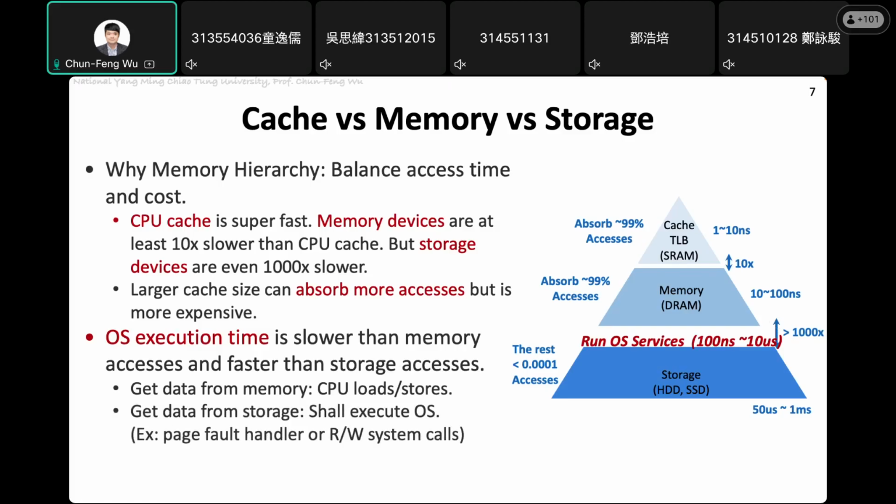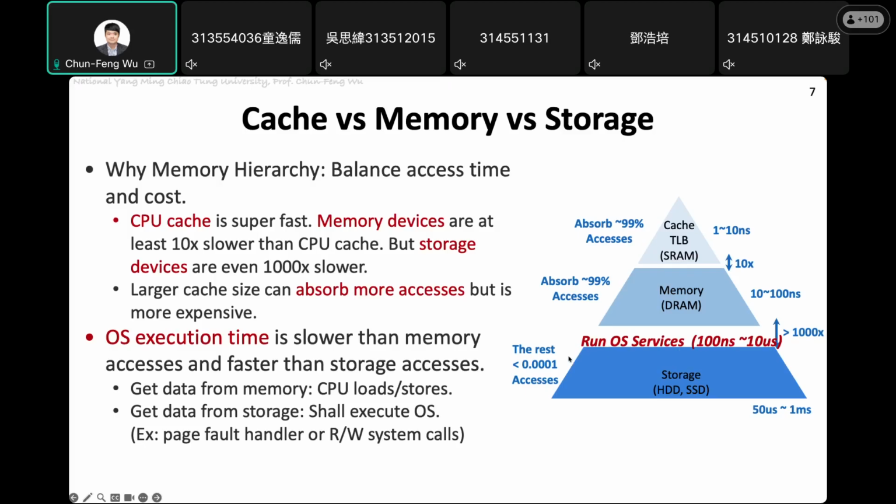Okay, but how about the storage device? Because the storage device is super slow, if the CPU accessed the storage device directly each time, the CPU would stall there, meaning it would stay idle. Because the kernel programmers already know the storage device is super slow, when we store data in a storage device, like your movie, your photo, your text, we do not directly create instructions to do that.